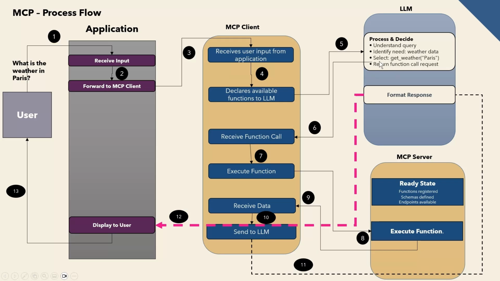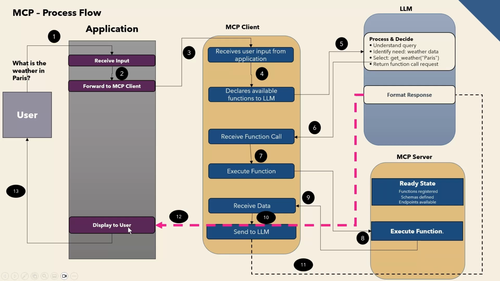In fact, it sends it back to the MCP client. The client receives the function call and executes this function, in the sense it actually calls the MCP server, and the MCP server executes the function, and the response is again sent back to the MCP client. The MCP client receives the data, and then again sends it to the LLM for formatting. Once the format is done, this is sent to the user.